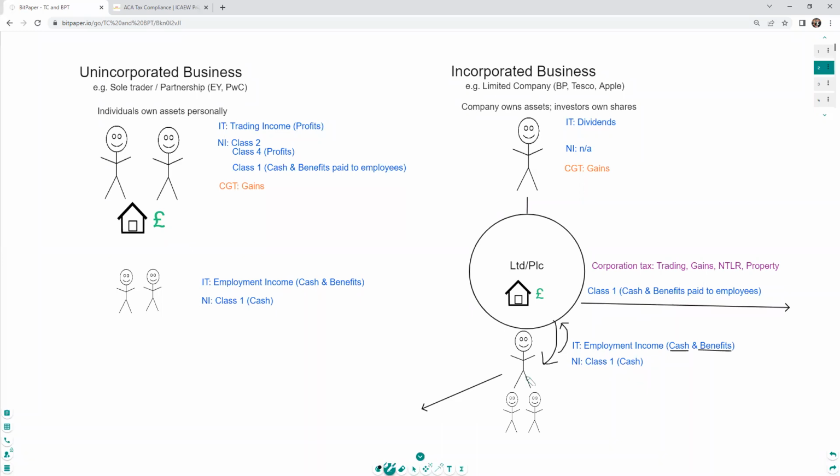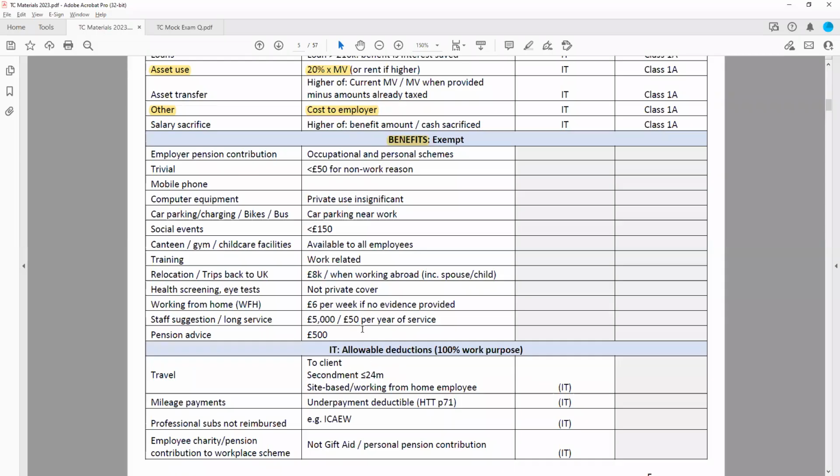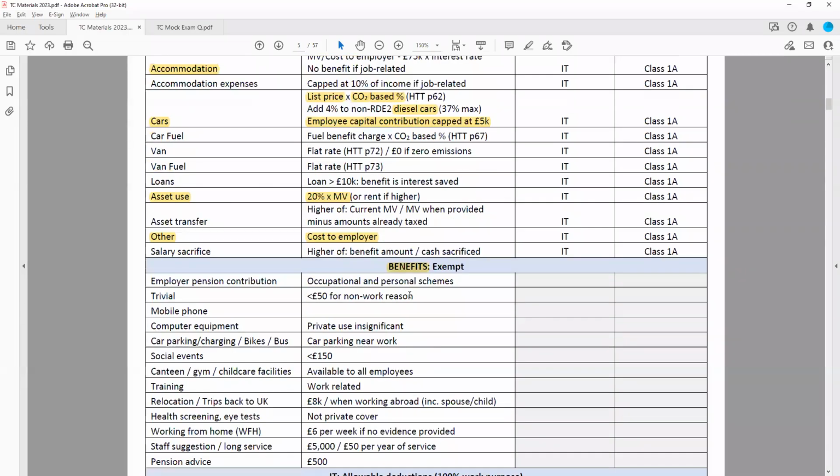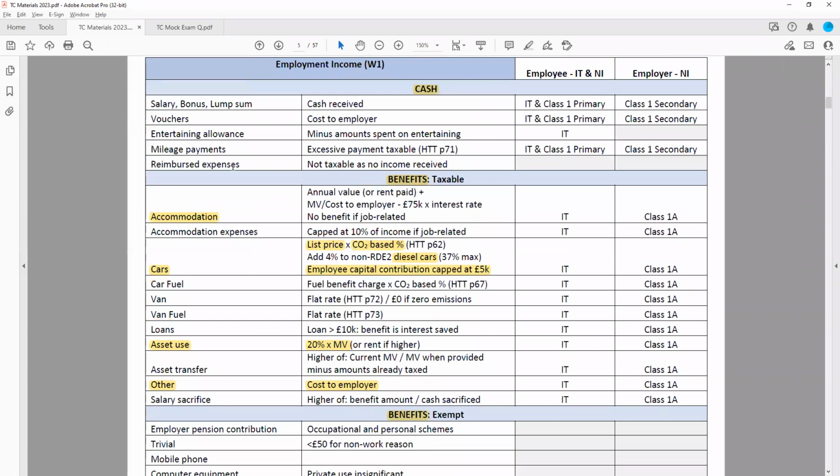So think about your ICAEW subscription, for example. If you had to pay that yourself, it's deductible. If your employer reimburses you, then there's nothing for you to deduct because you've received an amount for that, and therefore there's no expense. If the employer gives you the £500 and then you pay the £500 out, there's no net income there for the employee, so you wouldn't be taxable on that reimbursed expense.